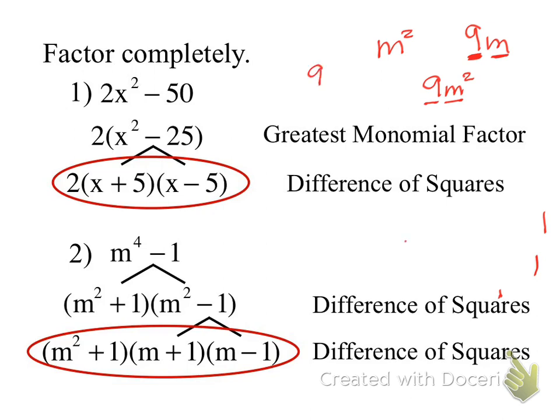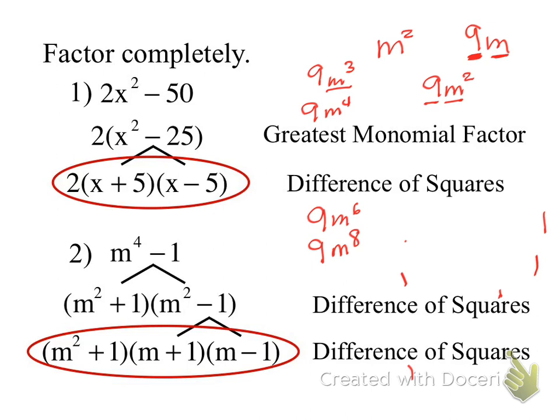If I have 9m to the third, m to the third is not a perfect square. But 9m to the fourth is. It has to be 9m to the fourth, 9m to the sixth, 9m to the eighth. It has to be an even amount, and we basically just divide it in two. Because what number times itself equals m to the sixth? m to the third times m to the third. Remember, when we're multiplying exponents, we really add them. So just divide those exponents by 2.